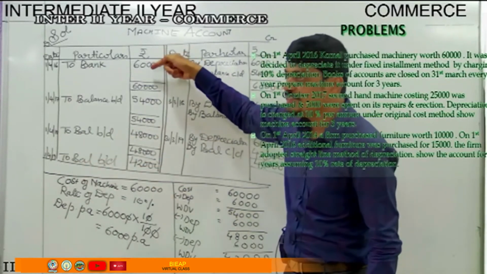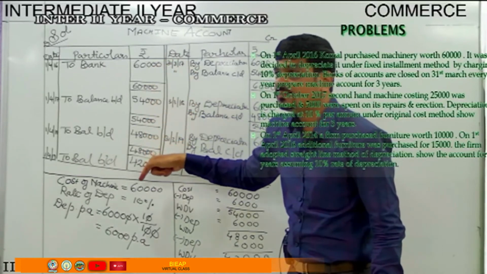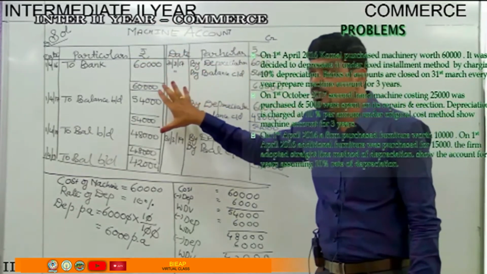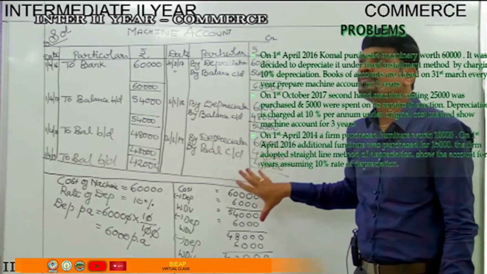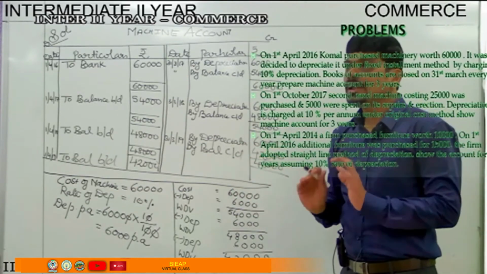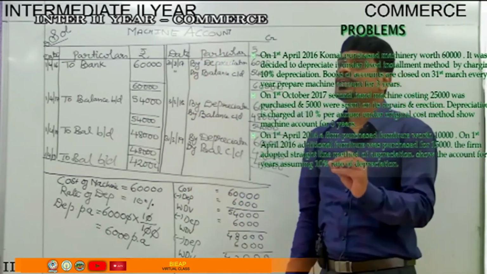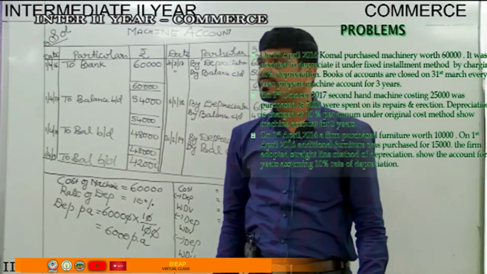What is happening to the asset? Gradually the asset value is decreasing. One page, complete solution with working we have done. If you follow this method 100%, you will get the correct solution. And if you do this pattern, I assure that your examiner will give you 5 out of 5 in the exam.